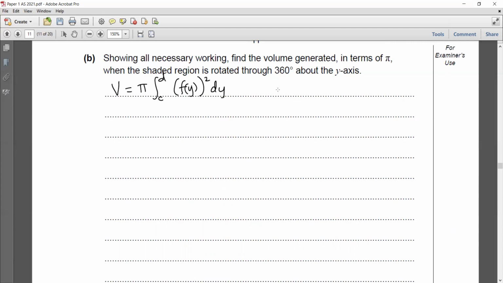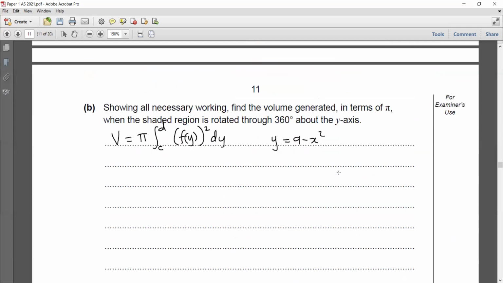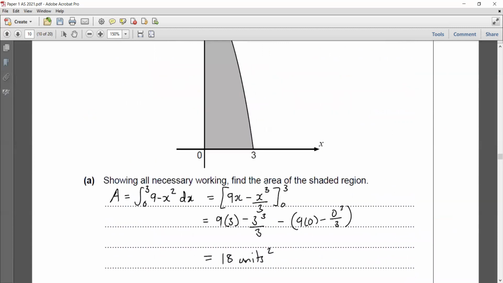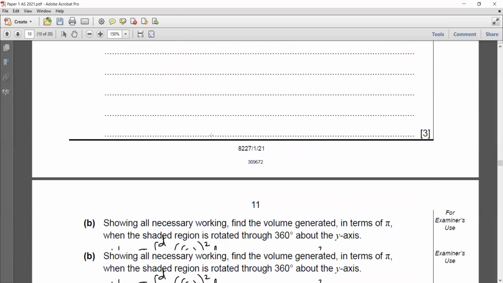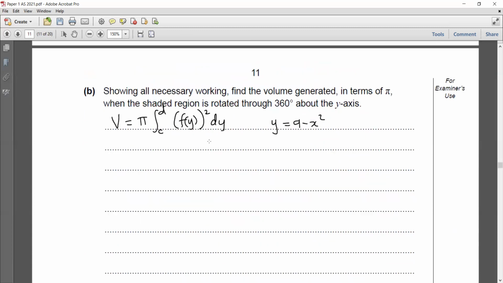So what is my y here? Y is equal to 9 minus x squared. That is the formula for the parabola. There it is. And then you make x the subject of the formula. So this x squared will come this side, so you have x squared, and then this one will go that side.